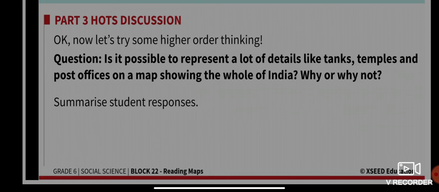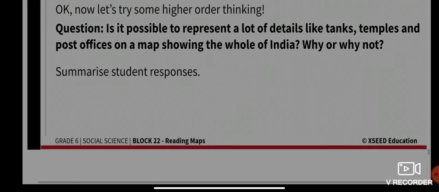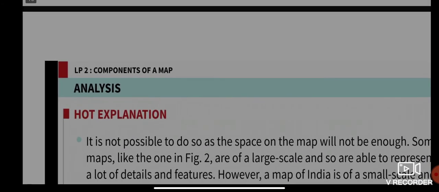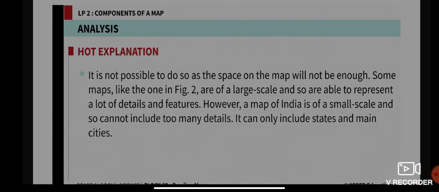Some may say it's possible, some may not. That depends on your answer to the given question. Please listen carefully. Actually, it is not possible, because the space on the map will not be enough. You are just going to draw on a piece of paper or a wall, so you cannot give all the details because of the space limitation.